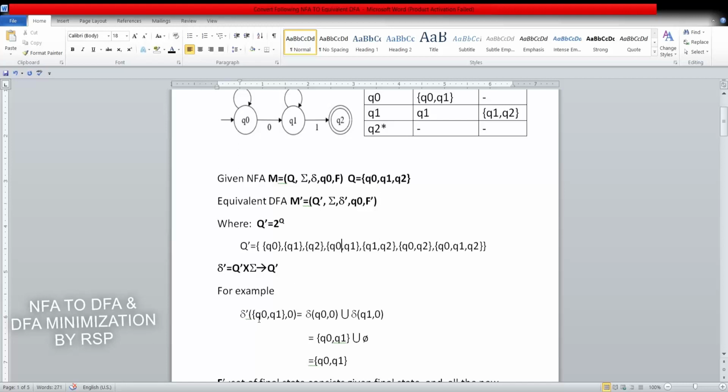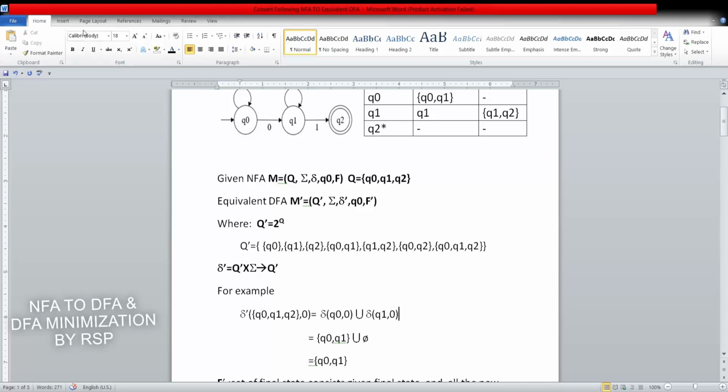One example is given here. Two states are given, Q0, Q1, and to find the transition on input symbol 0, what we are doing is taking Q0 on 0 and union with Q1 on 0. If there are three states, we need to consider the union of three transitions here.